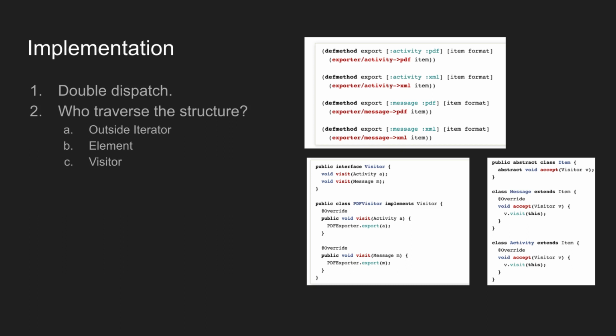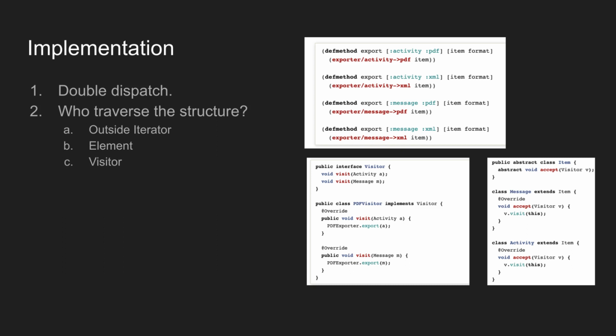And if you look at the visitor, you have to write a visitor which uses both of those, activity and message, so it's using overloading. For languages which don't support overloading, you would have to write visit activity and visit message, so that it can differentiate between them because it doesn't have any overloading. But if you have overloading, you can work with only one function, and then each visitor can use a different exporter.